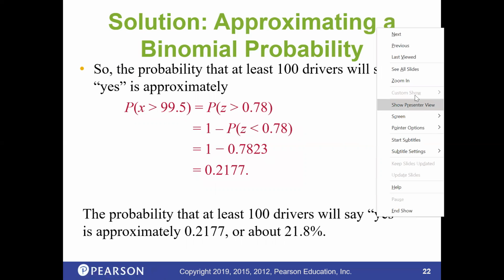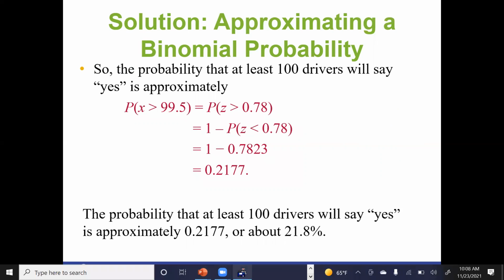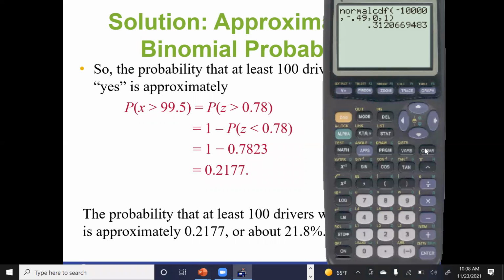Let's do it by calculator here. So in this case, calculator, that's cool because it does both right and left tails. So distribution number 2. Voila. And this time, since we're going off to the right, we're going to say 0.78 is our lower bound for our Z-score. 10,000 is our higher bound for a Z-score, 100,000, whatever.